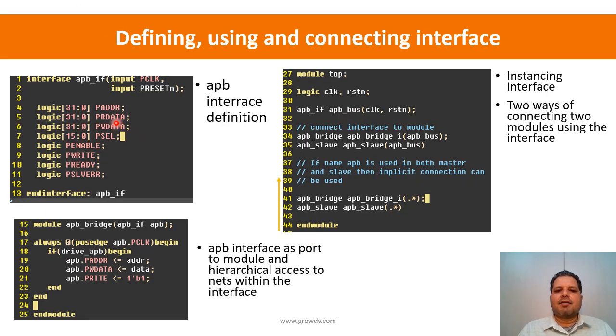Now let's define a very simple interface, and we will look at how we define it, how we use it, and how we connect it, right? This interface construct is always defined with the interface keyword, the name of the interface, and any inputs that I can pass to the specific interface. And then I will declare any wires that it is supposed to encapsulate, the ones that are used for connecting the two entities of this interface type.